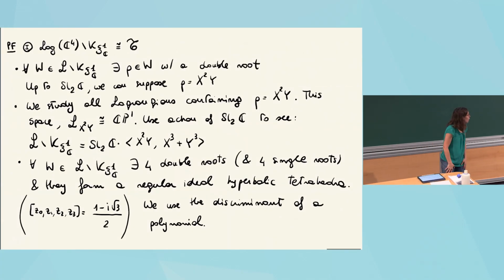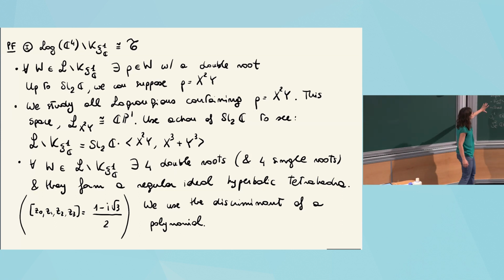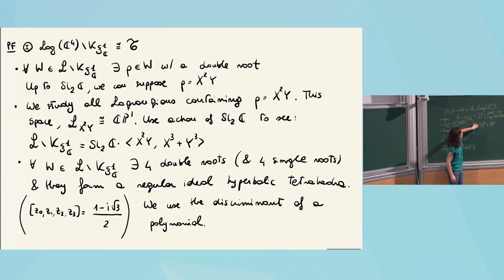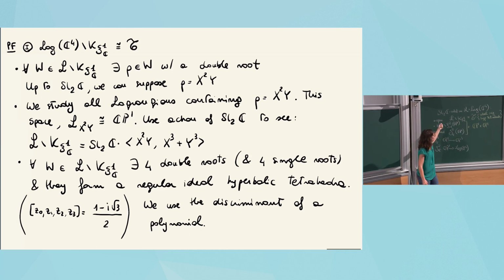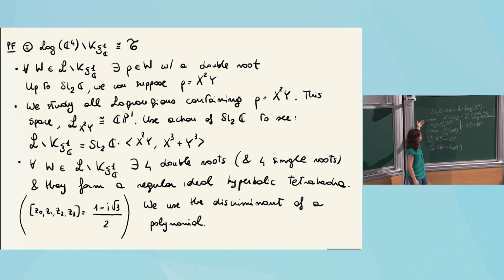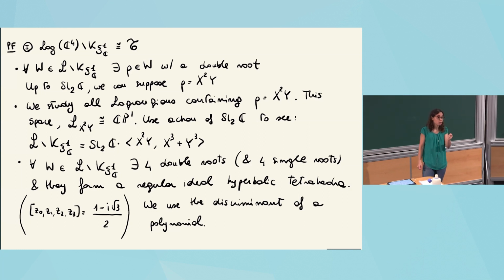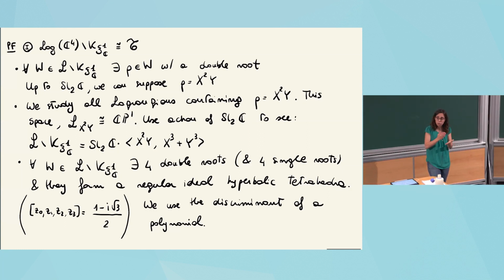Okay, so how does this proof go? Basically, I'll discuss these two identifications, and while we do that, I can even show you these as certain representatives, like really the orbit of certain points, certain Lagrangians. So the first thing to observe is that every Lagrangian in C4 always contains a point that has a double root.